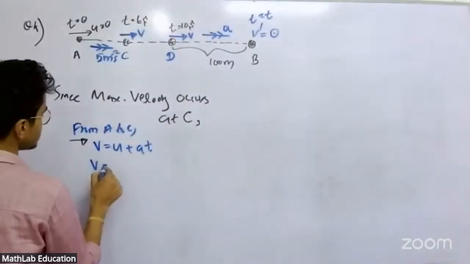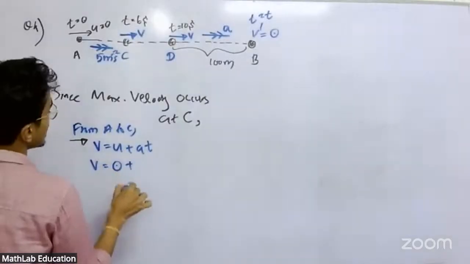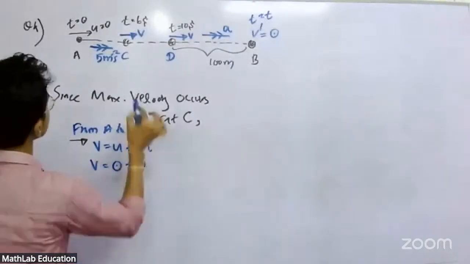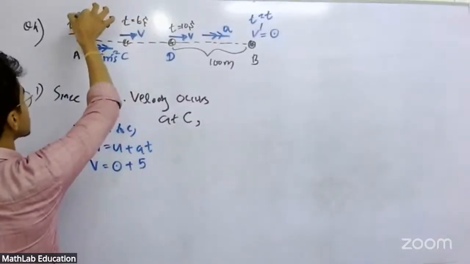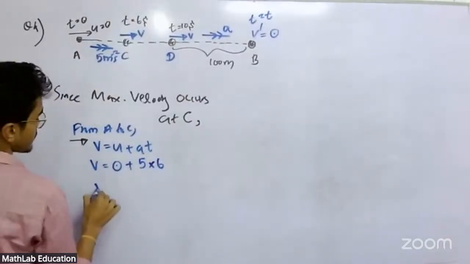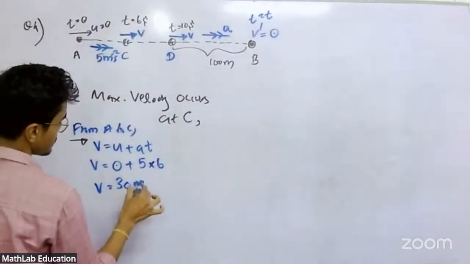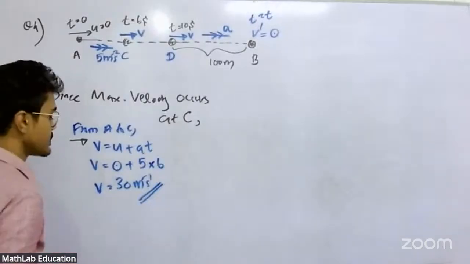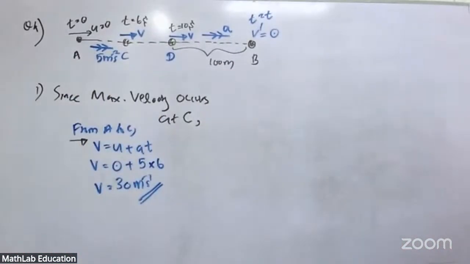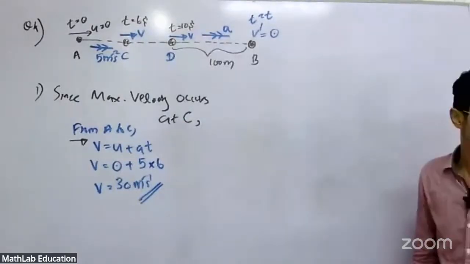V is V, U is 0, and acceleration is in the same direction, 5, and time is from t equals 0 to t equals 6, time duration 6 seconds. So 30 ms minus 1. Maximum velocity gained by the object is 30 ms minus 1. Right?